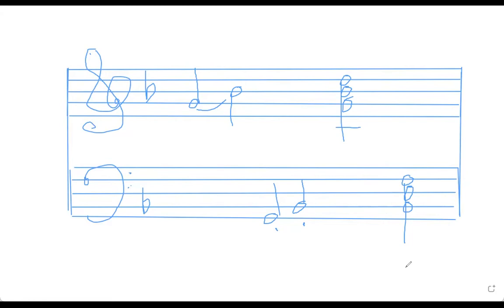Let's play this one staccato. Let's put a dot, and we're going to play this major triad. Staccato. Staccato means short, like pokey. Those are staccato consonant chords. Here's some staccato dissonant chords.